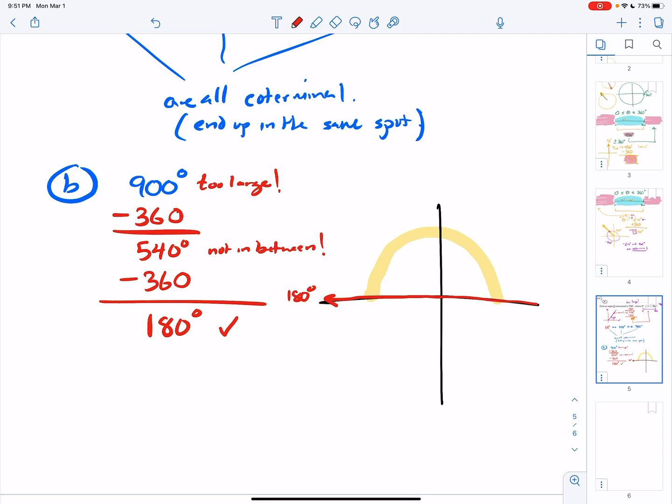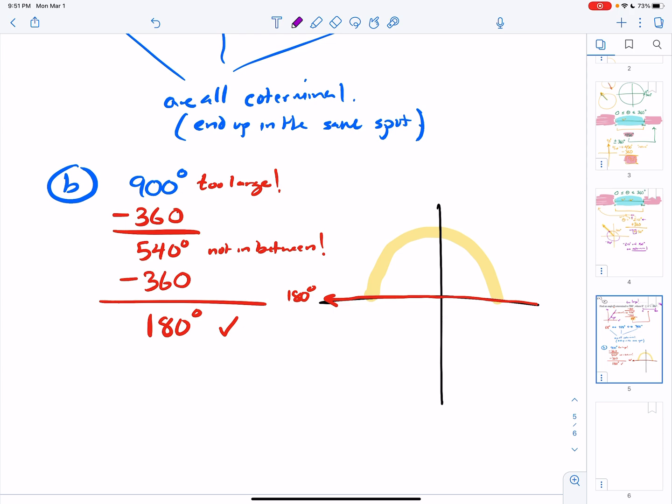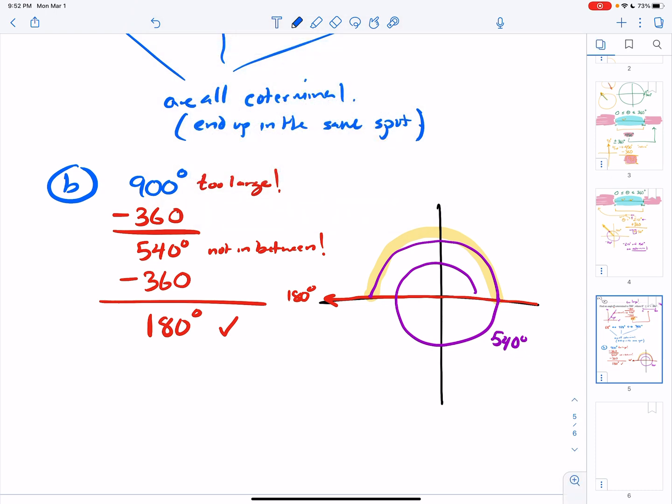Okay? So 180 degrees is the same thing as 360 plus 180. That right there is 540 degrees. Or that's the same thing as going in 2 circles and then some. That is your 900 degrees. But notice how they all end up on the same terminal side.